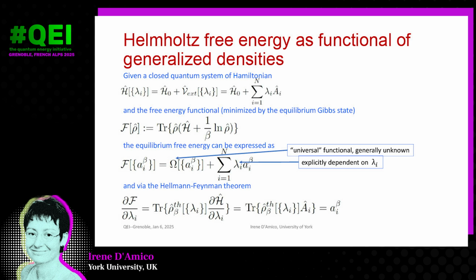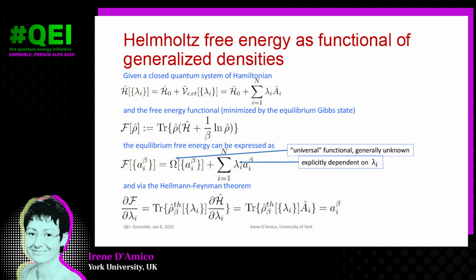In particular, if I now consider the form of the Hamiltonian, I will have a universal functional, which just depends on the form of H naught, so for example on the form of the many-body interaction.